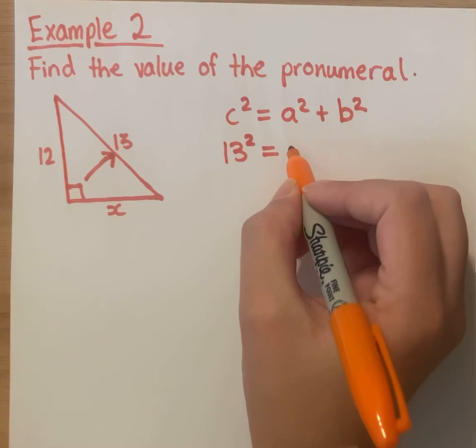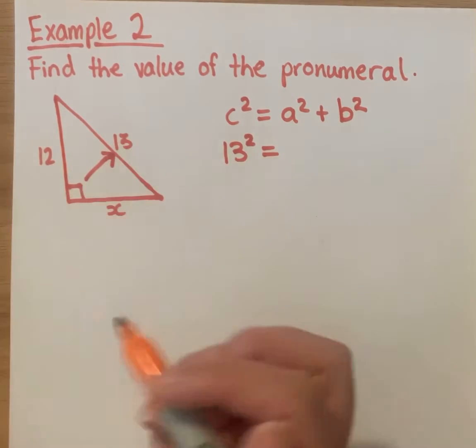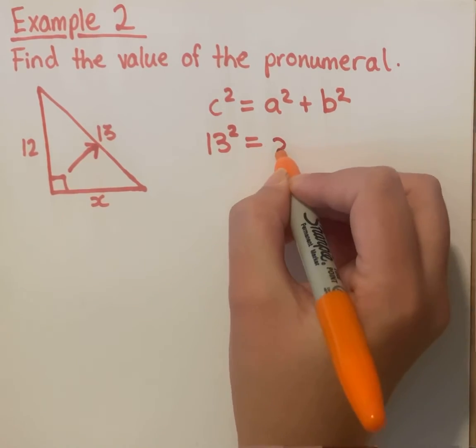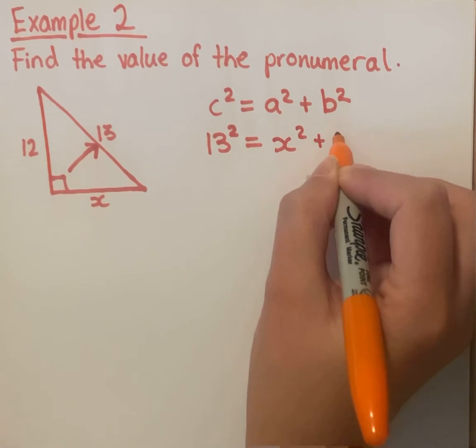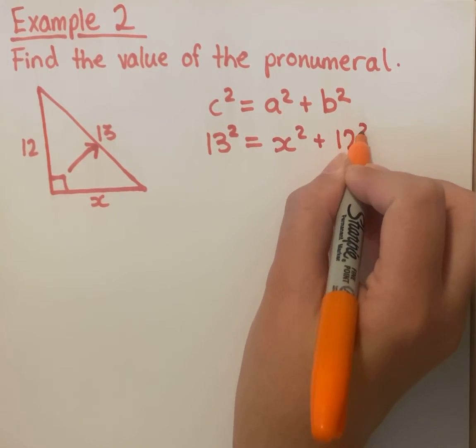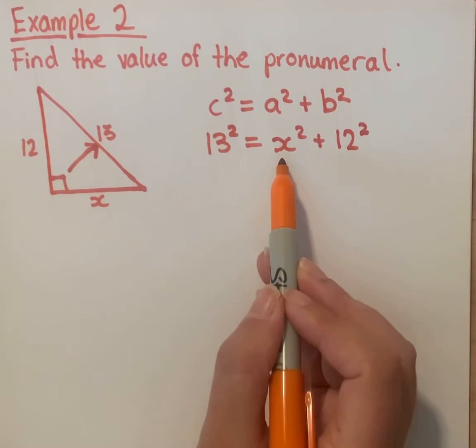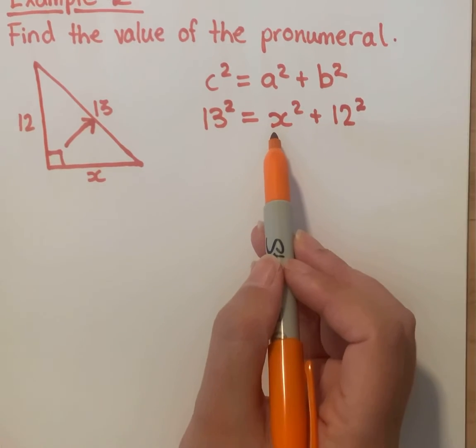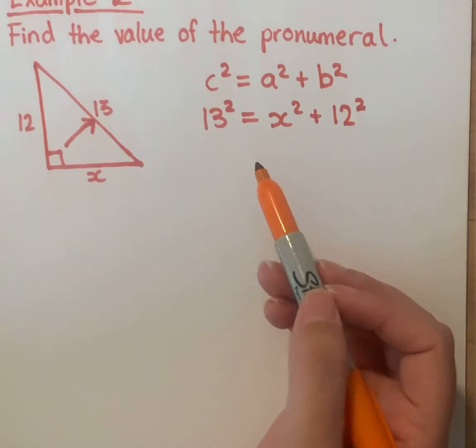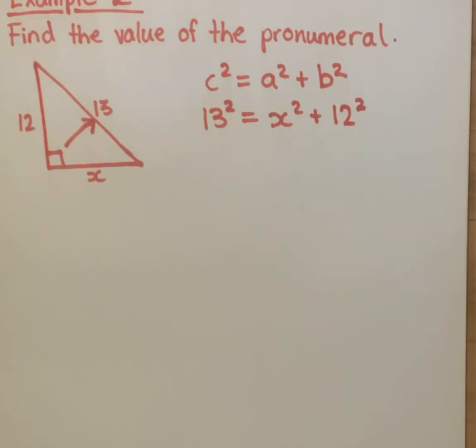So we can say it's 12 squared plus x squared, or x squared plus 12 squared. It doesn't really matter. Okay, so now we have an equation to solve, and we've only got one unknown, so we can solve it, but because we're finding a shorter side, we just have to do a little bit more rearranging in this case.